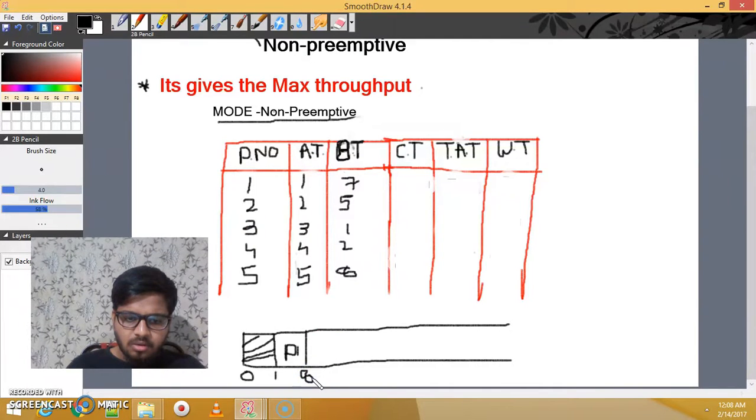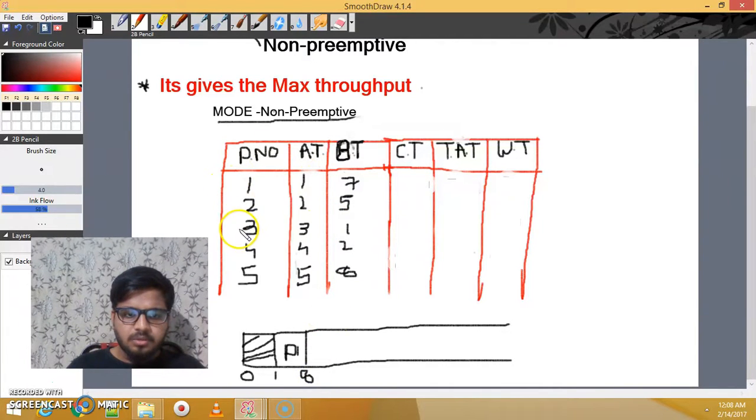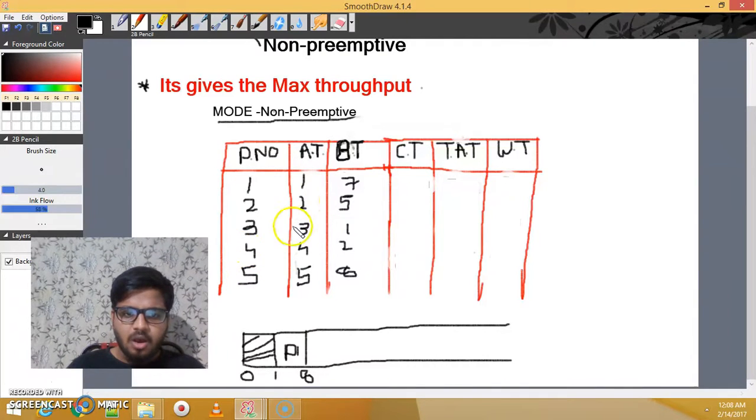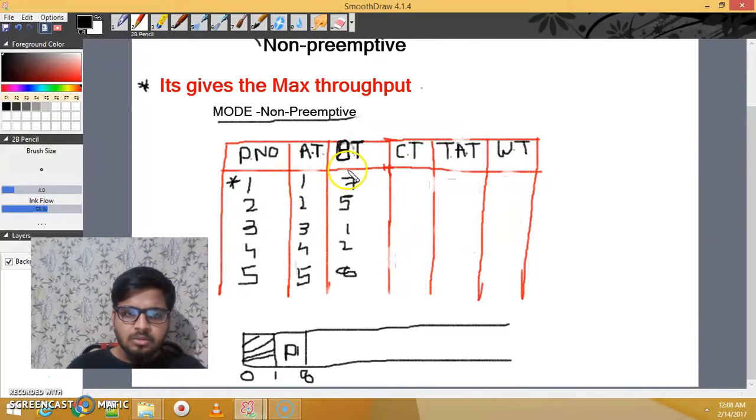Now look at this. At 8, process P2, process P3, process P4, and process P5 have all arrived. Now the algorithm can be applied here. Among them, P1 is already over.